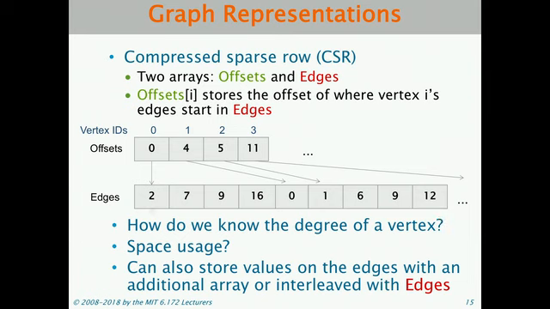So instead of creating 2 arrays of size m, you have 1 array of size 2m, and every other entry is the weight. This improves cache locality because every time you access an edge, its weight is going to be right next to it in memory, and it's likely going to be on the same cache line. So that's one way to improve cache locality. Any questions so far?